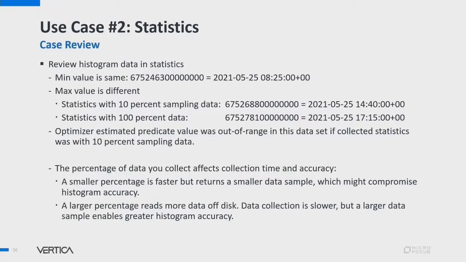The percentage of sampling data affects the collection time and accuracy. 10% is the default value of the analyze statistics function. The smaller percentage is faster, but it might compromise histogram accuracy. On the other hand, the larger percentage takes a long time, but it enables greater histogram accuracy.